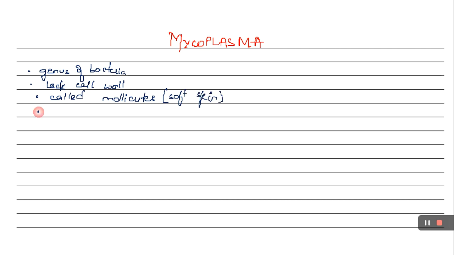There were scientists named Nocard and E.R. Roux.